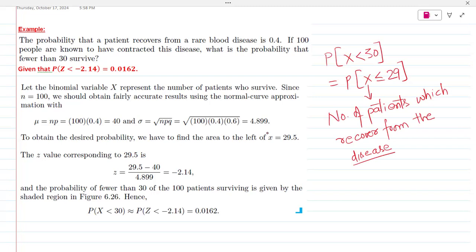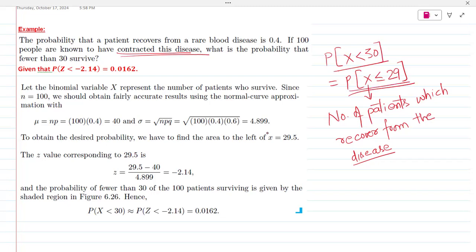I repeat, for every patient there are two options available. Every patient who has contracted this disease will either survive it or not survive it. So that is why we can calculate this probability by using the binomial distribution also.